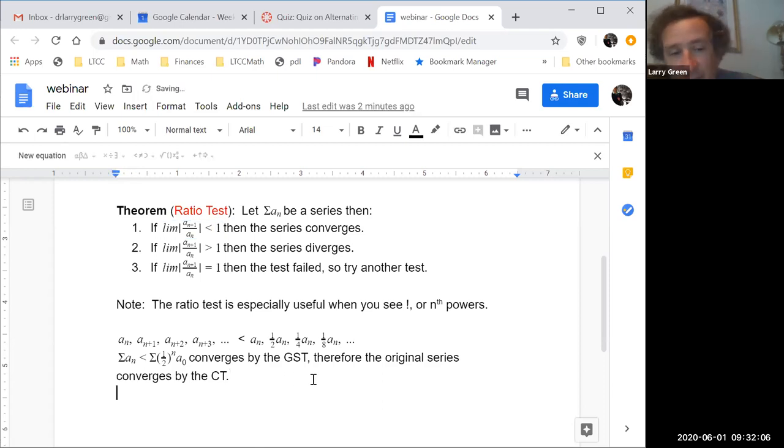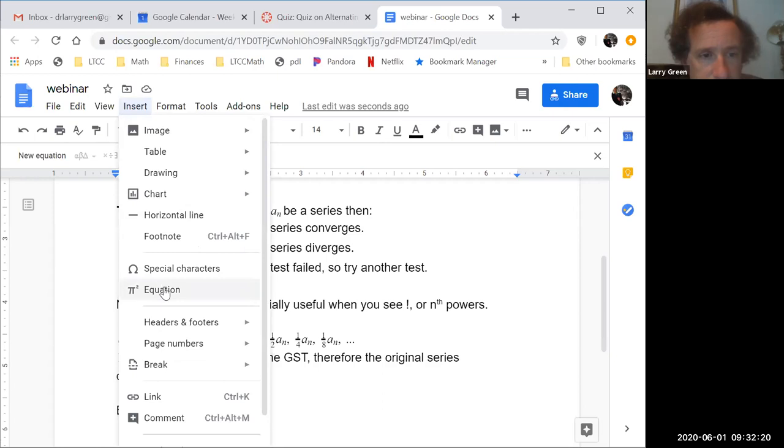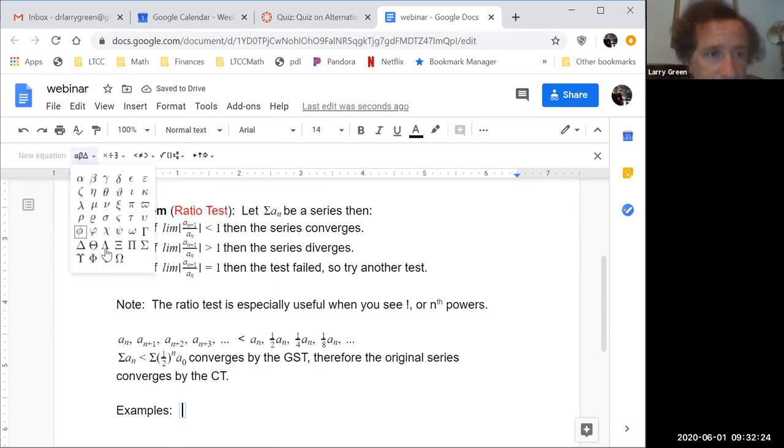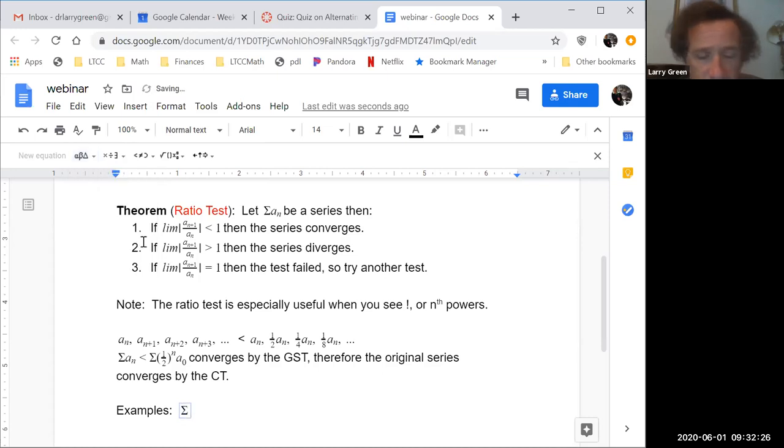Okay, so now we have a theorem, let's use it. Let's do some examples. Okay, so the first example is going to be a really important one. Let's look at the series, I'm just not going to put the numbers for a reason, though.